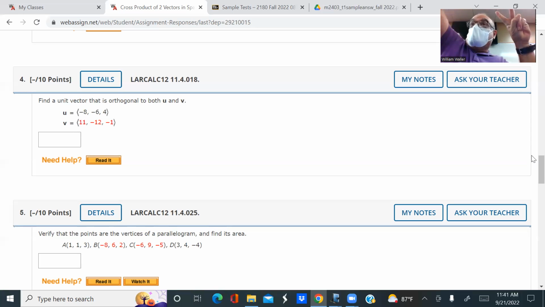If they're parallel vectors, then that's a different story. But as long as they're not parallel, you have one plane that contains the two vectors. Okay, and so if you find a vector that's orthogonal or perpendicular to those two given vectors, what you have found is a vector that is perpendicular to the plane that contains those two vectors.